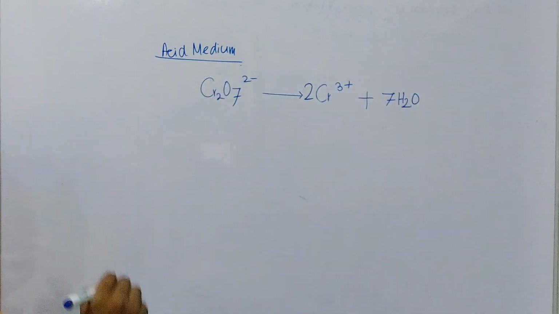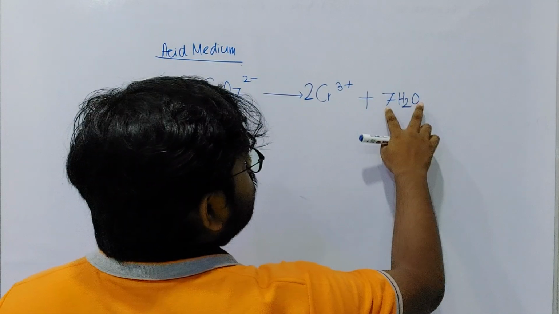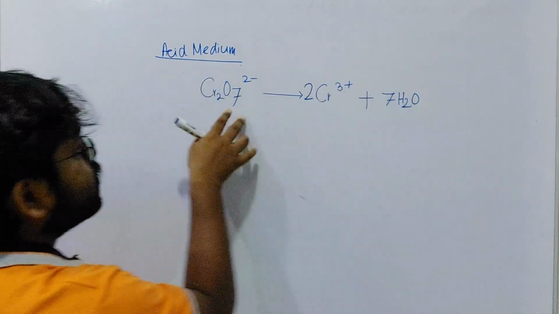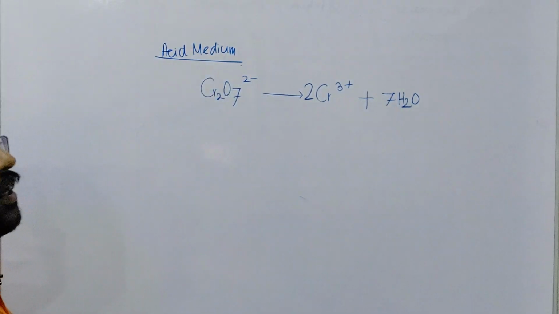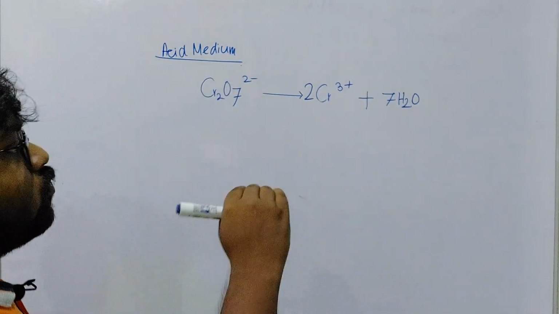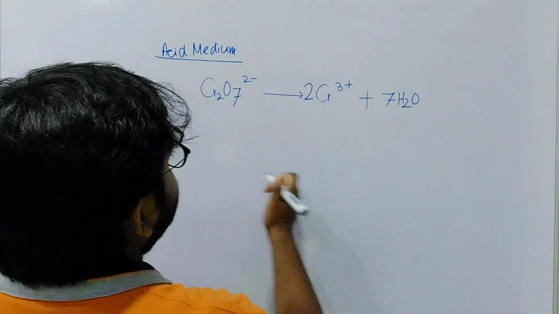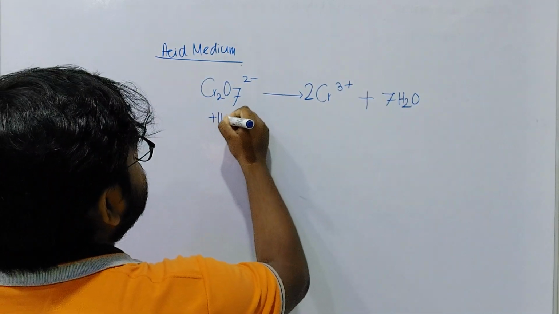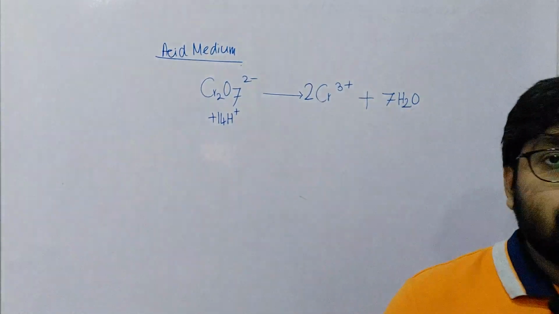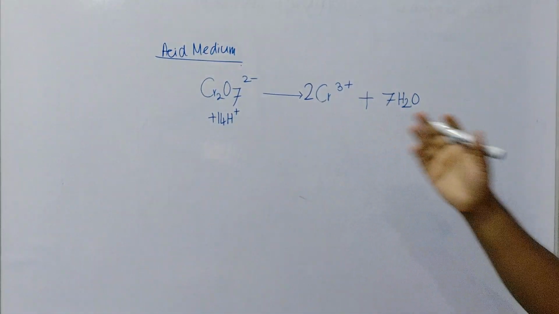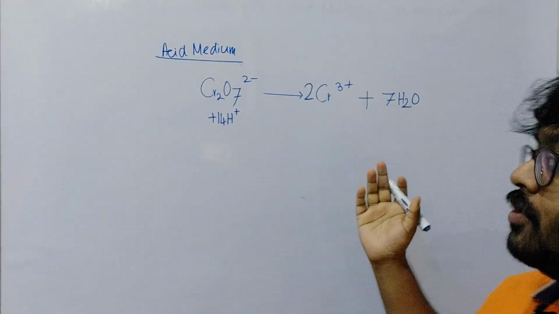Now as you can see, 7 oxygen has been balanced. Now extra 14 hydrogen has come on the right hand side. To balance this extra 14 hydrogen, you will add 14 H plus on the left hand side. Now you can check the sides are balanced.